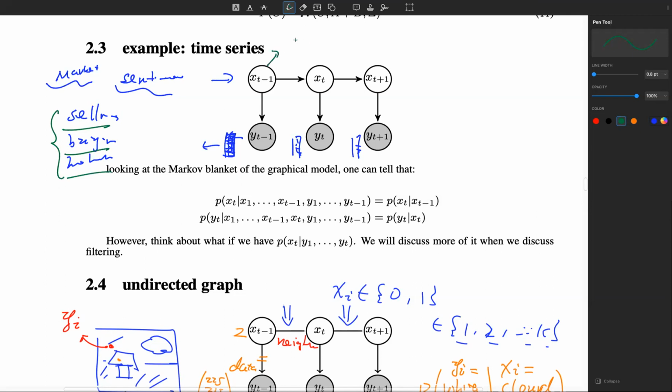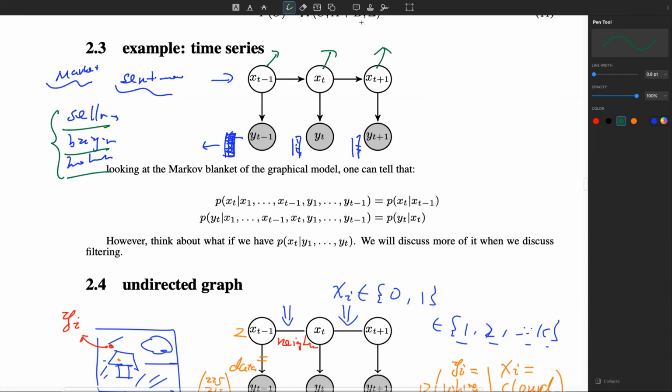Each one of these is the market sentiment at this time, the market sentiment at this time, and the market sentiment at that time. So you have some kind of latent representation of the market sentiment. But the Y is something that you observe. You actually observe your stock price. Okay. All right.